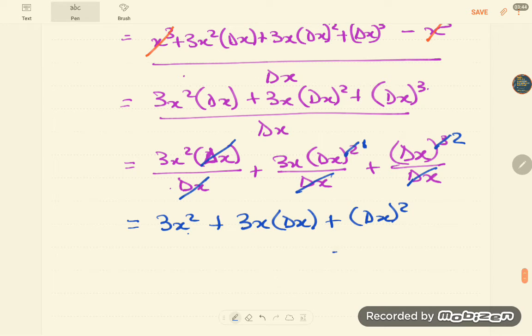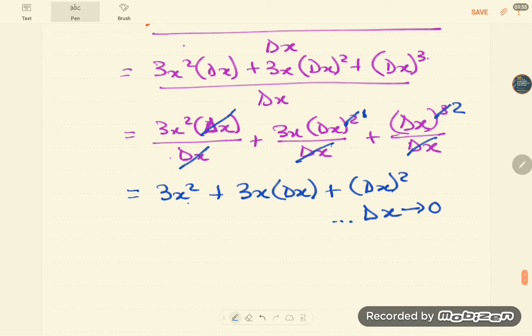Now remember from our last example that we get the correct gradient when delta x approaches 0. So wherever there is delta x, this is going to become a 0. So that leaves us with 3x squared. Now 3x times 0 will give us another 0, plus delta x squared, which is 0 squared, is going to give us another 0.